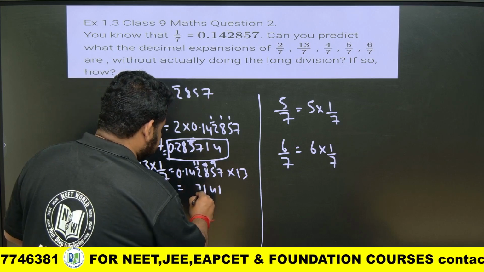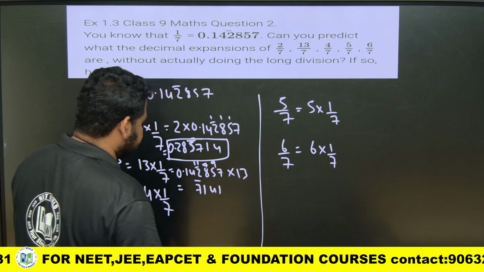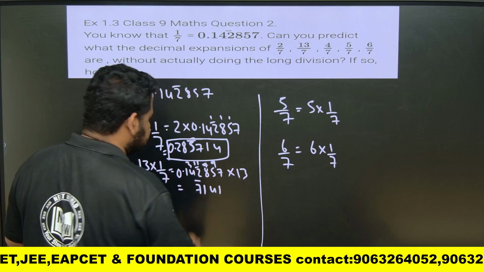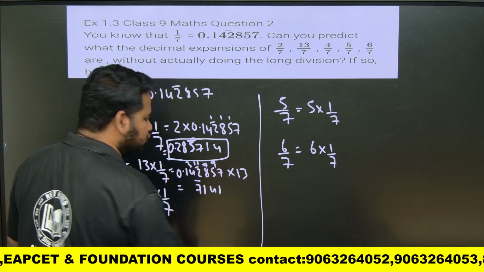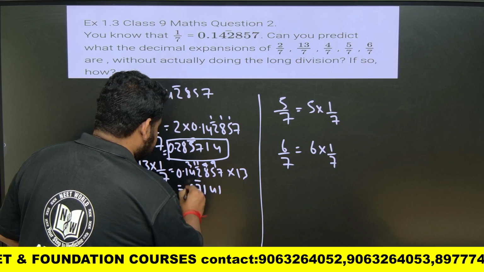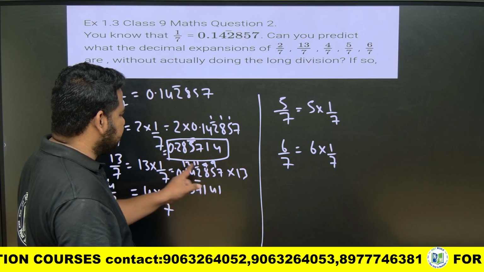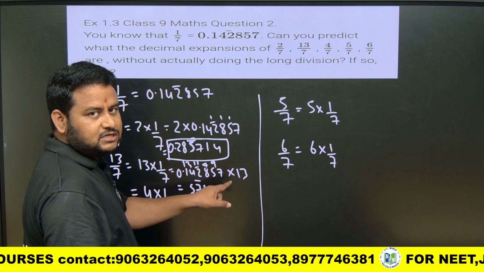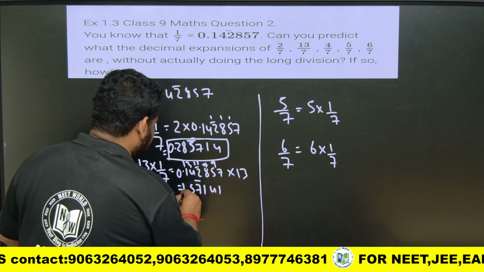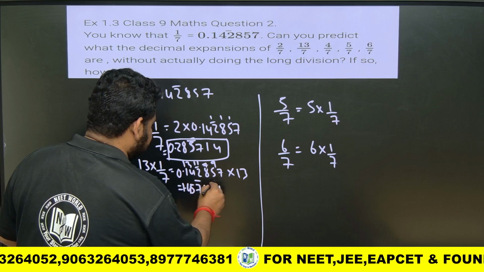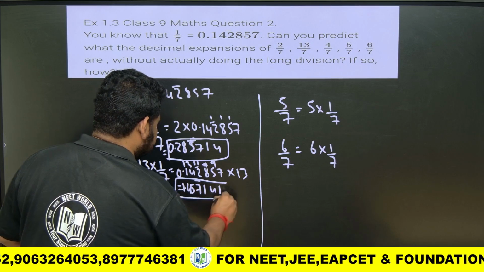So I'll write 7 here, but on this I have to write the bar. I'll write 3 here. 13 4s are 52. 52 plus 3 is 55. 13 1s are 13, plus 1 is 14. So I'll write 1.857 and this will become 1.857142 with the bar. This is the answer I get.